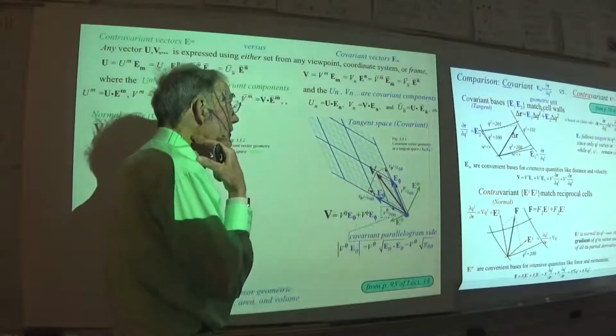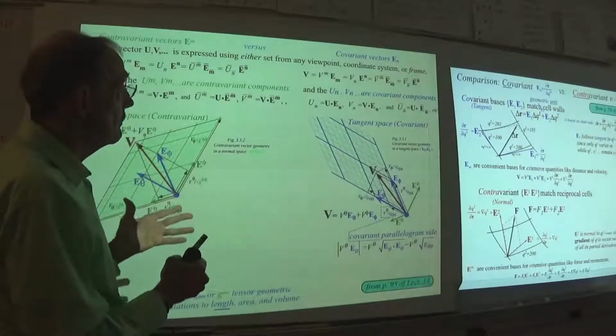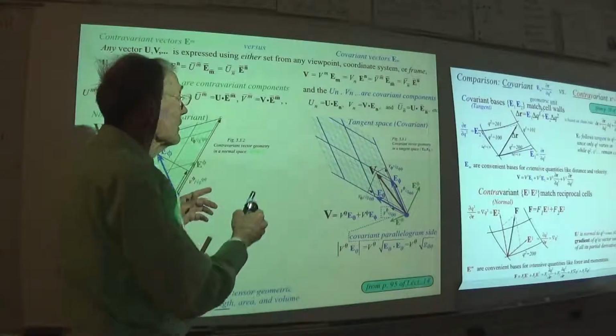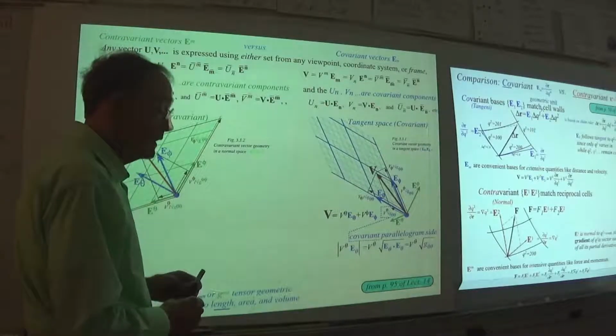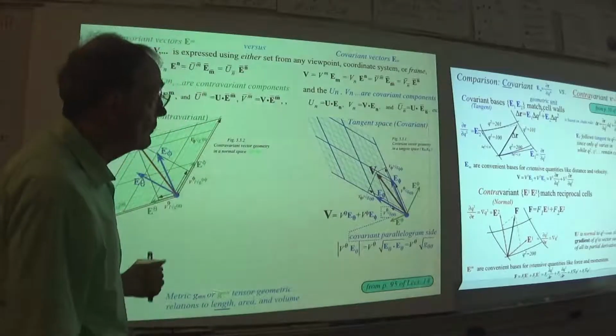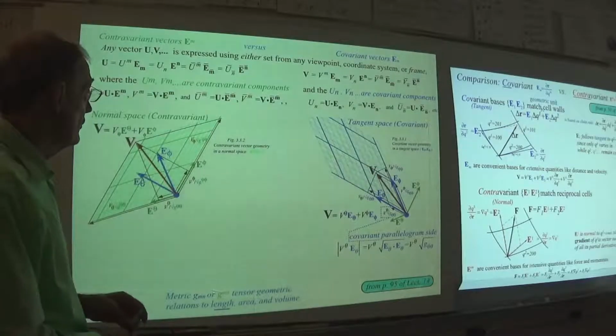Okay, so that's the definition that works very well, and that's because of the fact that these things, covariant and contravariant, are orthogonal to each other. The gradient is always perpendicular to the tangent. It's really what's behind all of this stuff.